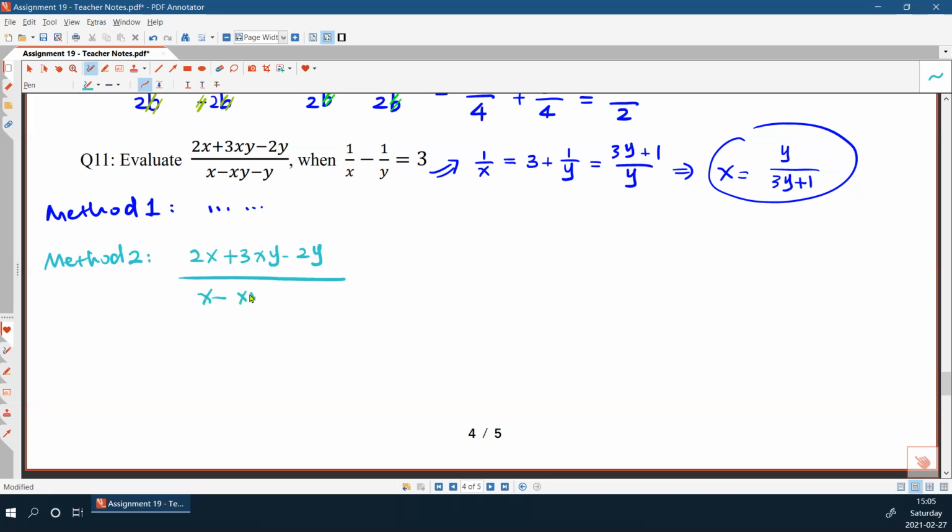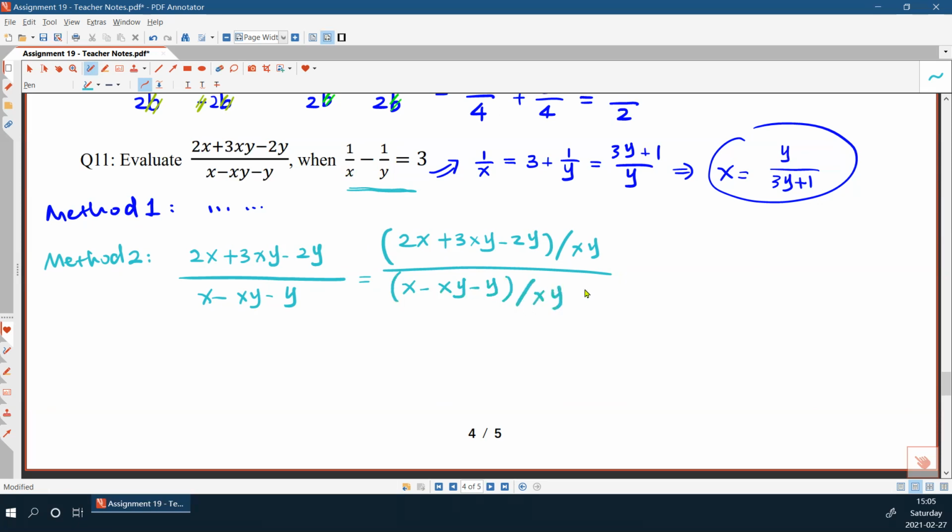if we can convert anything in the original expression to 1 over x or 1 over y, then we can use the relationship directly here. So now we can divide both the denominator and numerator using x and y. Let's denote the numerator with an x and y, and at the same time denote the denominator also using an x and y.